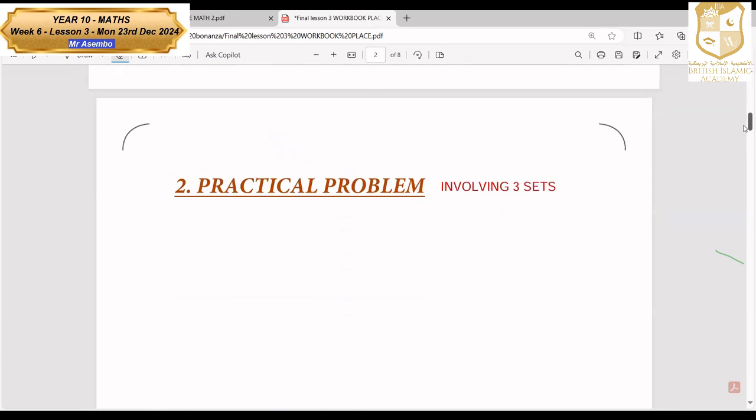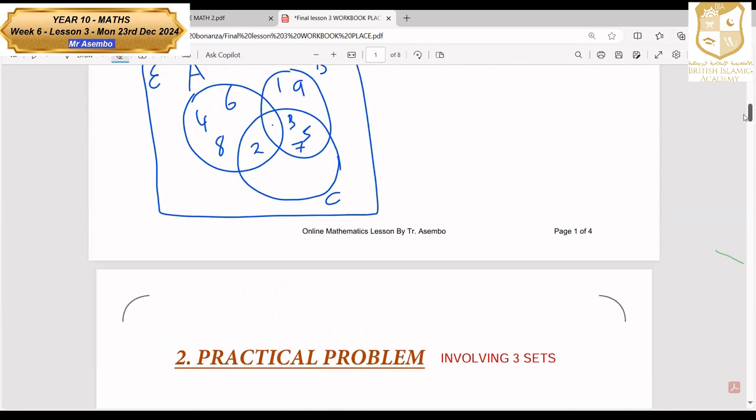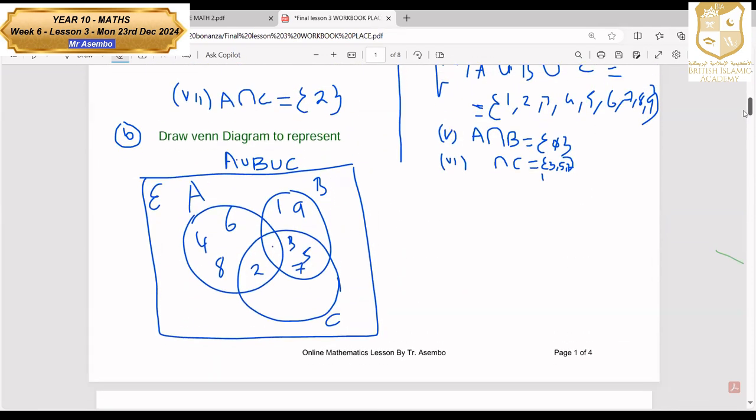I don't understand the Venn diagram. Should I go back to which part? The last part. Now, do you get the Venn diagram?